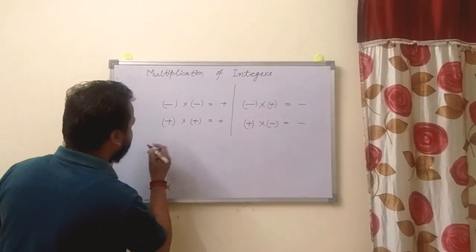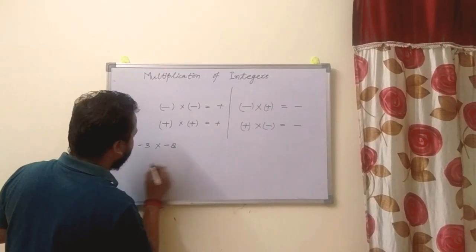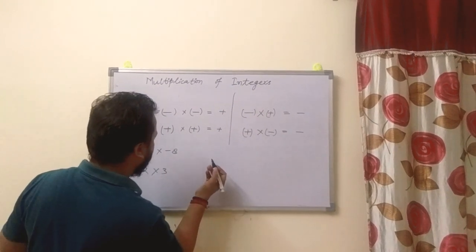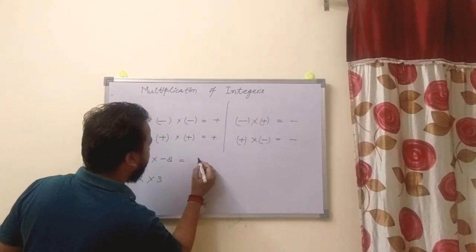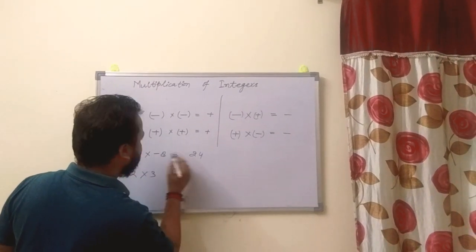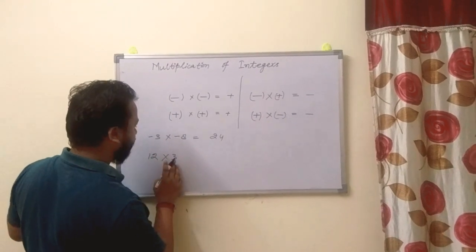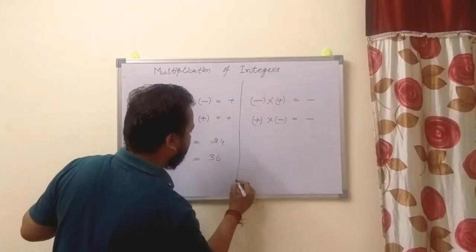Come to examples. Suppose we multiply minus 3 to minus 8, or 12 to 3. In this case, both the signs are negative, so you will get 24 and the sign is positive. And in this case, this is positive and this is also positive, so you also get positive.